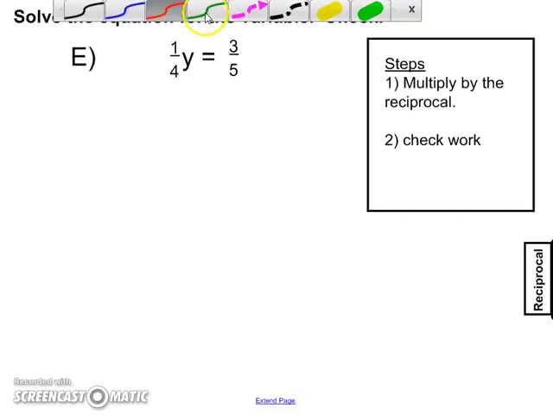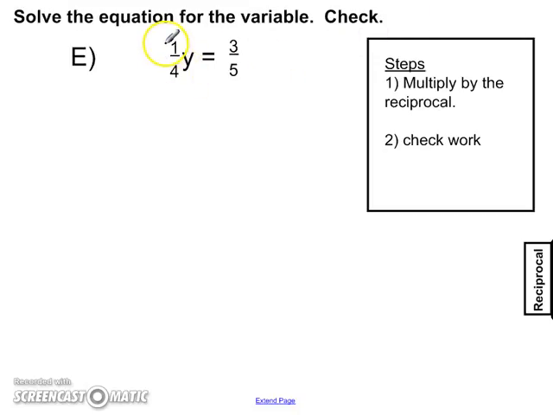Using that knowledge, I'm going to multiply both sides of this equation by the reciprocal of 1/4, which is 4/1. And you'll notice my cross reductions. All of this ends up equaling 1y, which is what I want: the y on one side of the equation by itself.